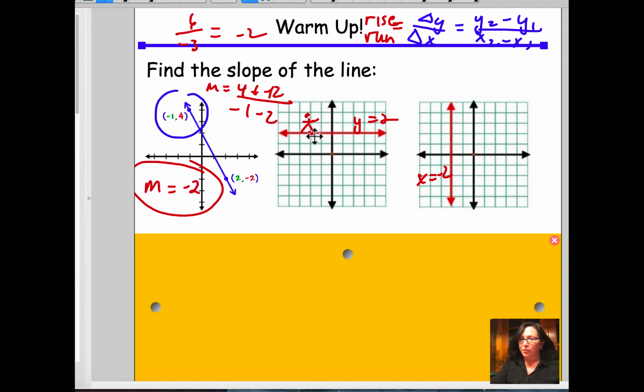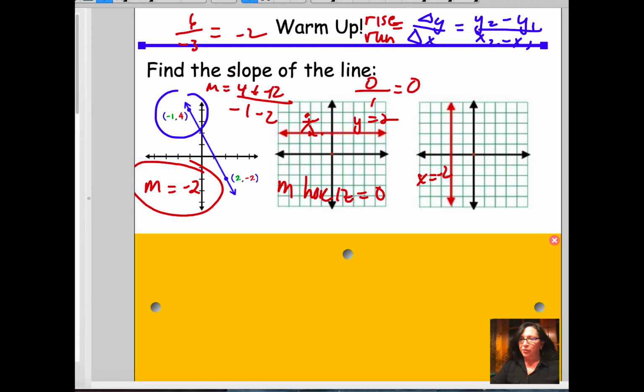But in this case, I don't have a rise. I'm not going up. So that rise is 0 over my run, and then I can be going 1 or 2 or whatever. 0 divided by any number is 0, which means that the slope for a horizontal line is equal to 0, because there's no rise.